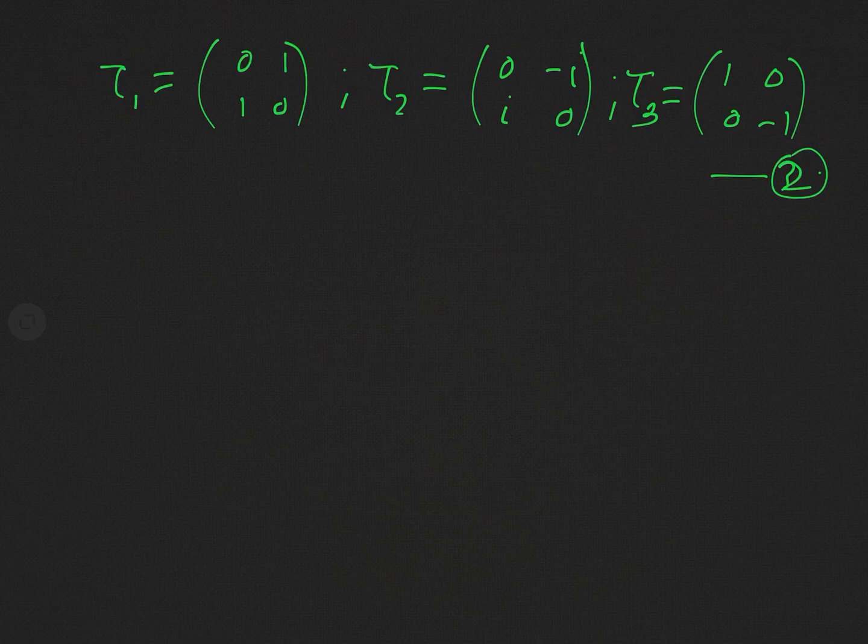And from these values, in fact, we can express the wave functions of the proton and neutron in isospace.